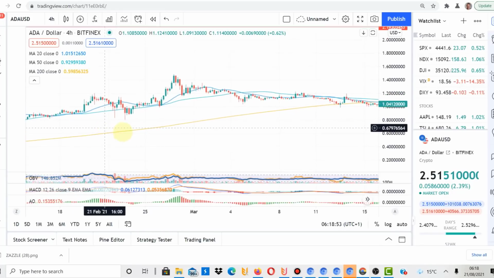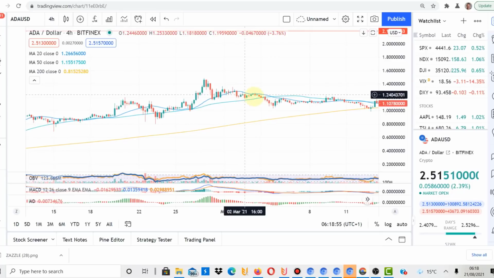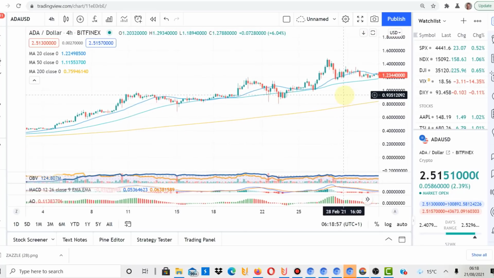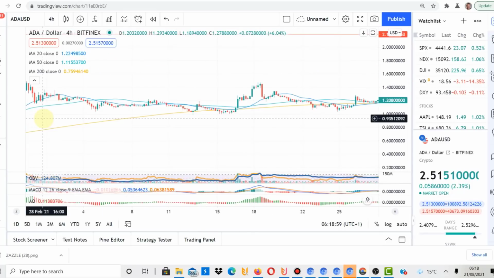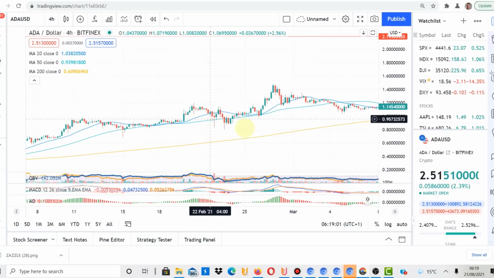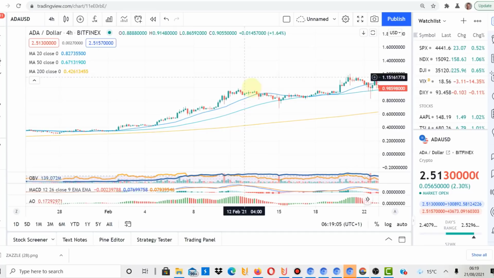So that is something to look at. Only after the hard fork the price went below the 20 and the 50-day moving average, but it stayed above the 200-day moving average for a long time. So the 50-day is certainly something to look out for. The shorter term moving averages are less important than the longer term moving averages in terms of trend.